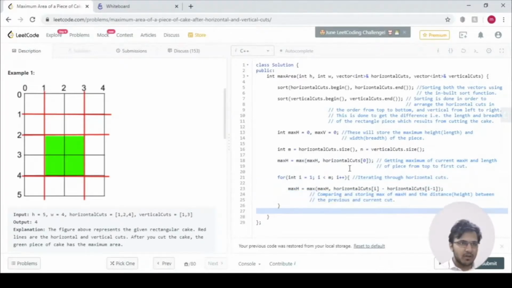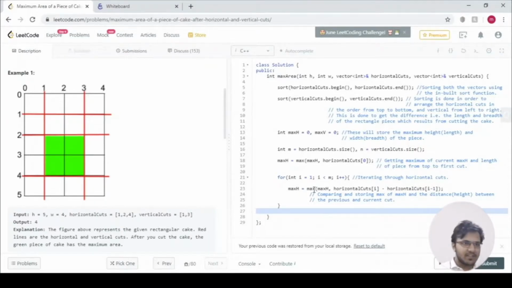Then a loop to iterate through the horizontal cuts array, and then find the difference between two horizontal cuts and then store the maximum. That is, we won't be making an array here actually, we will just be storing the maximum because we don't really need an array, we just need the maximum of the differences.